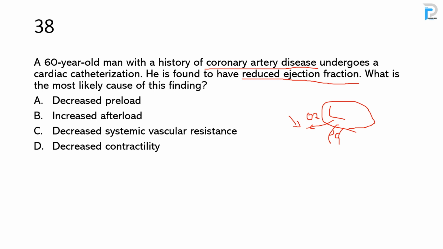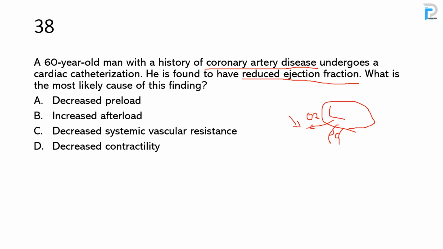The reduced ejection fraction in this patient, because this patient has a reduction in the oxygen supply to the myocardium, is going to decrease the contractility, and the decrease in contractility decreases the stroke volume, and that is going to decrease ejection fraction.